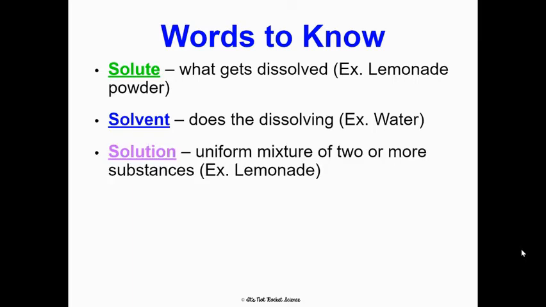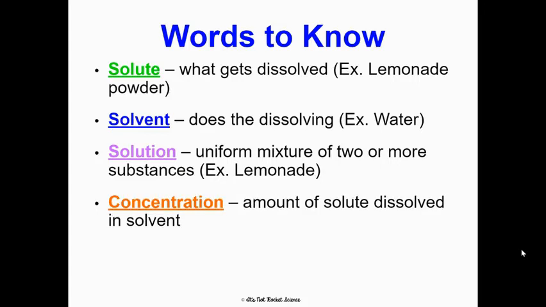And then the solution is once you've mixed those two together, the solute and the solvent, and now you have a uniform mixture, and that is your solution. And the example again in this case would be now you've put your lemonade powder in the water and stirred until you have a uniform mixture, and then you have lemonade.